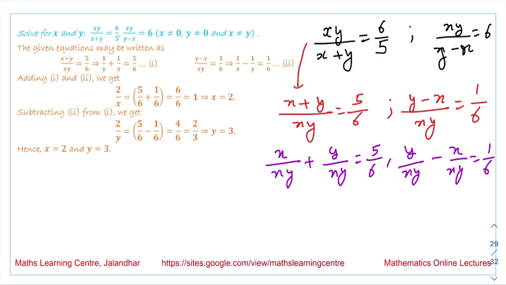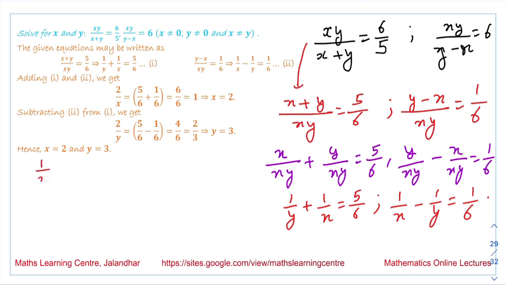So what these equations will become, this x gets cancelled, so it is 1 by y plus 1 by x is equal to 5 by 6. This is 1 by x minus 1 by y is equal to 1 by 6.